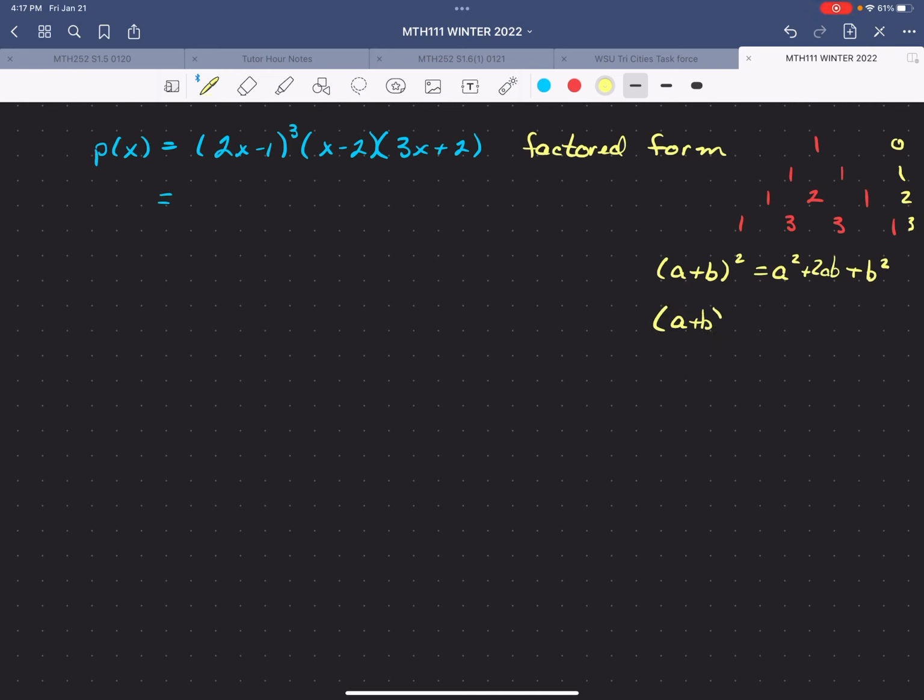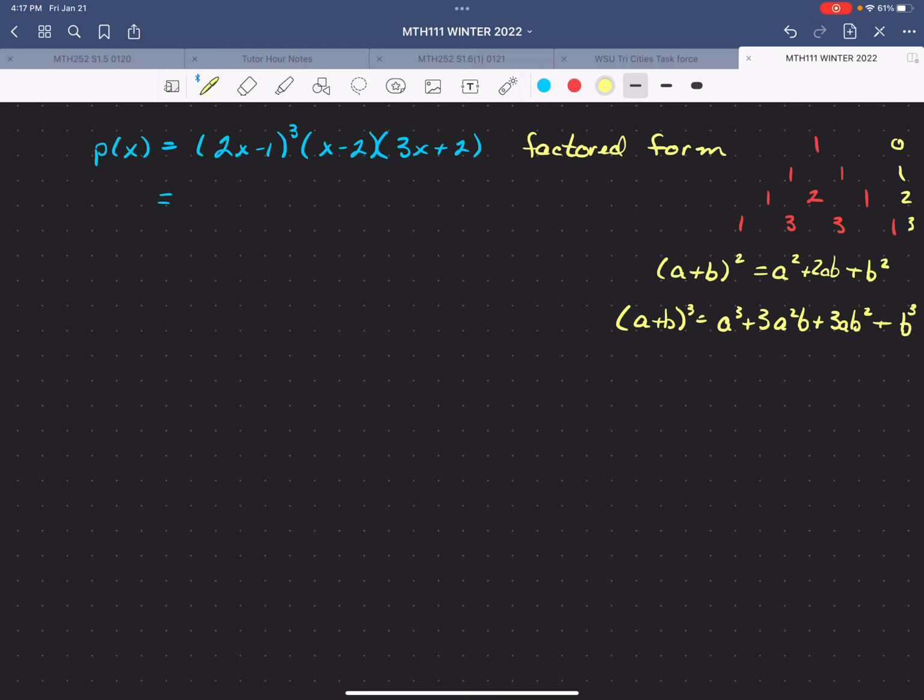A plus b to the third is a to the third plus 3a squared b plus 3ab squared plus b to the third.